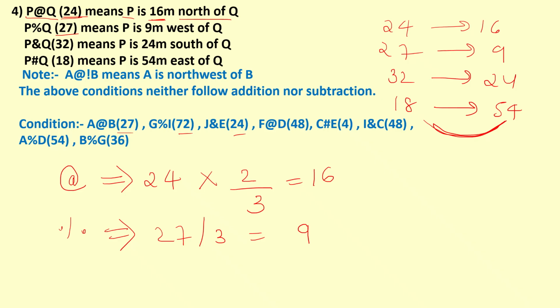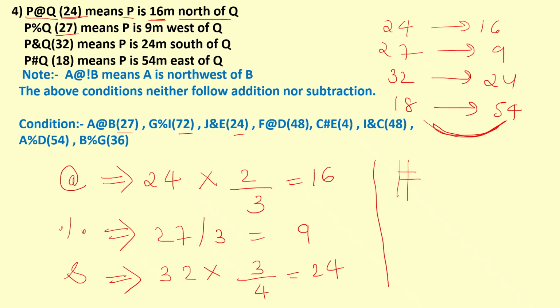Next is AND. For AND, from 32 you are getting 24. So there the logic is 32 into 3 by 4, you will get 24. And finally you have hash. There from 18 you are getting 54. So when you multiply by 3, you will get 54.